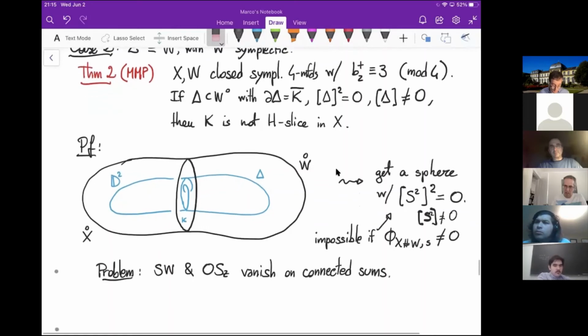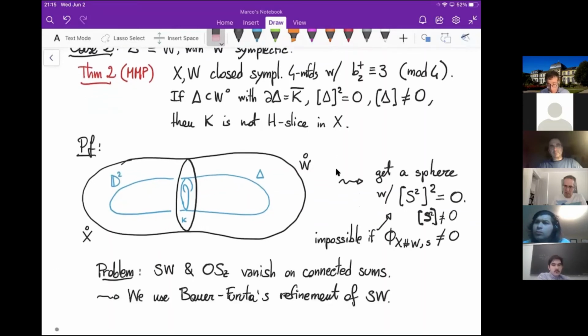solve the problem by using Bauer-Furuta invariants. The Bauer-Furuta invariants are a refinement of the Seiberg-Witten invariants, and so they are some stable cohomotopy class, a stable map between spheres coming from taking finite approximations of the Seiberg-Witten maps.